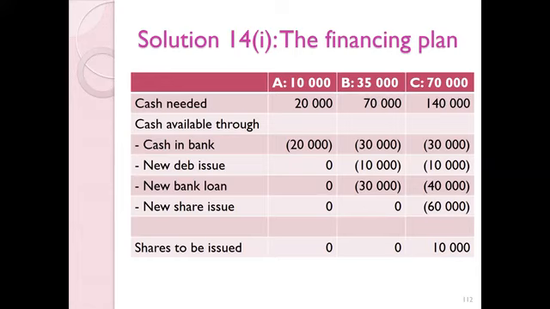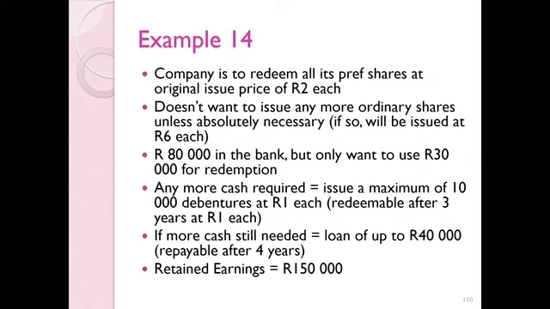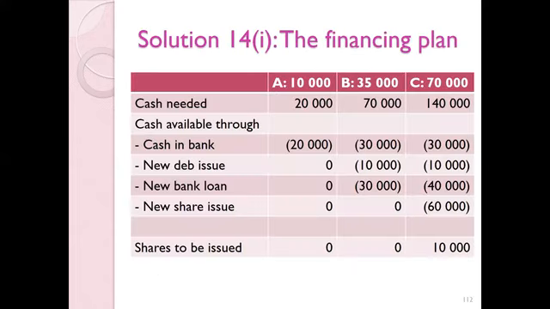How much cash do we need? We need 20,000 rand. So how much cash do we have available in the bank? We said we have 80,000, but we only want to use 30,000. Is 30,000 enough to cover the 20,000 we need? Yes, it is.